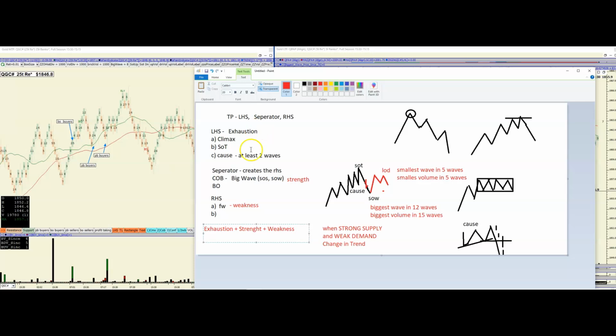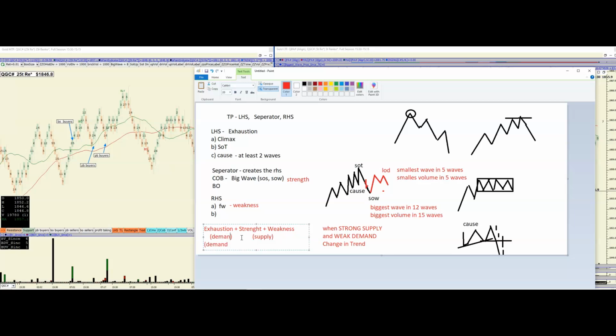So exhaustion on the left-hand side, plus strength, let's say in this case we talk about creating a downtrend, so strength of supply plus weakness in demand. So left-hand side, exhaustion of demand.